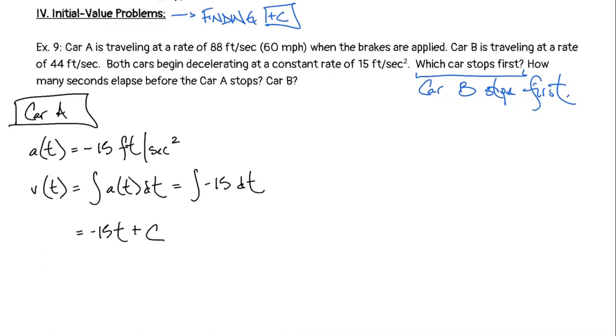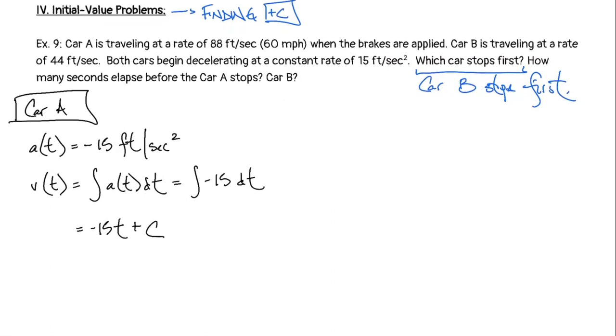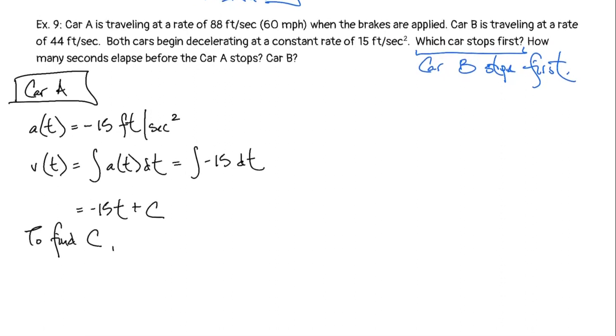Now here's the beauty of this. We can actually find out our c value, okay? So to find c, we're going to use our initial condition.